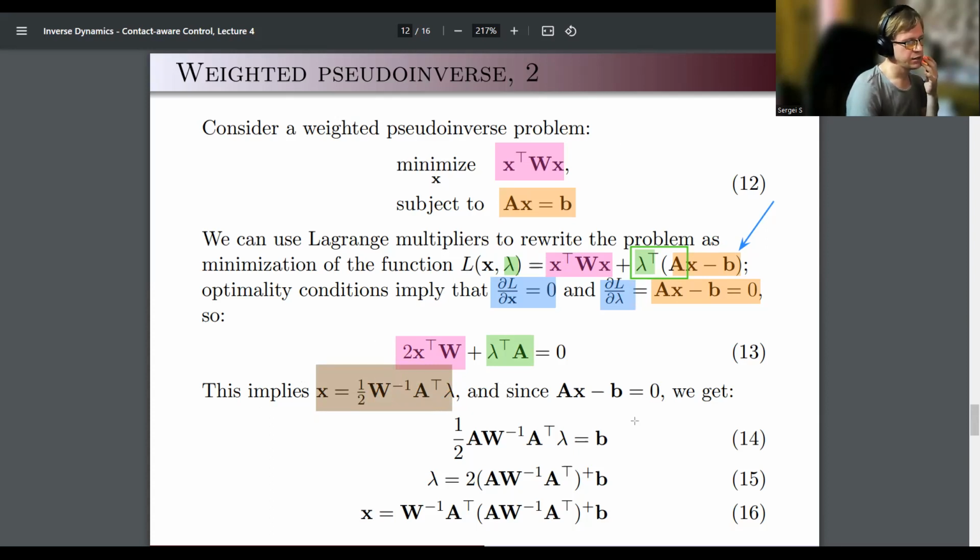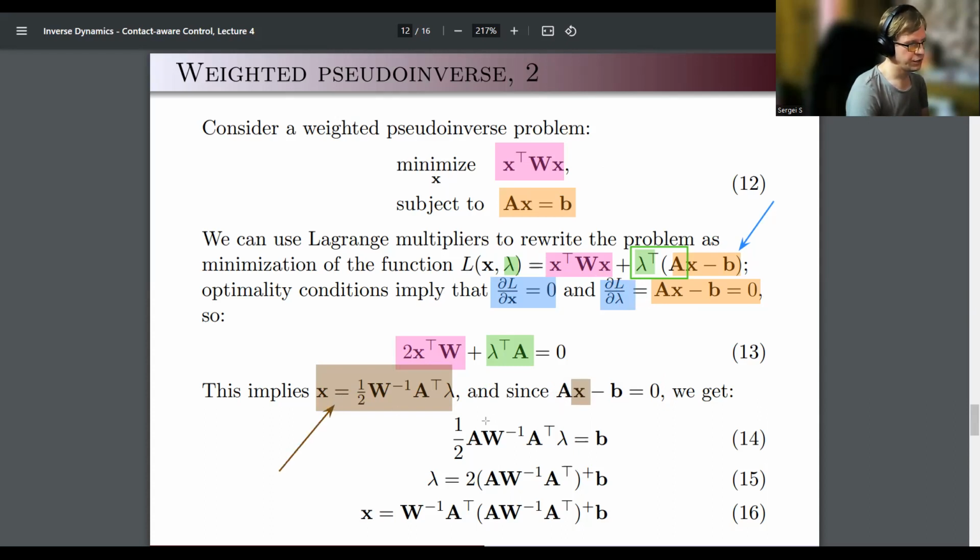Now, next, we remember that the constraint equations hold because of the partial differentiation with respect to lambda, right? So we can substitute x into this constraint equation. Let's see it. We take this whole expression for x and substitute it in.